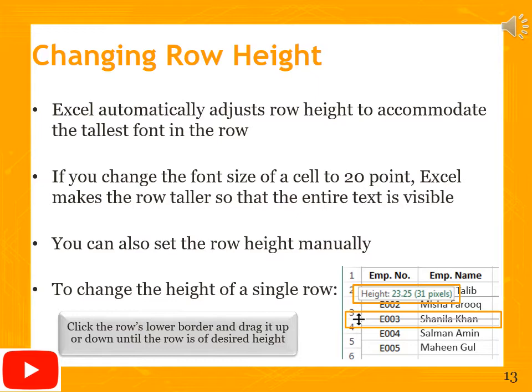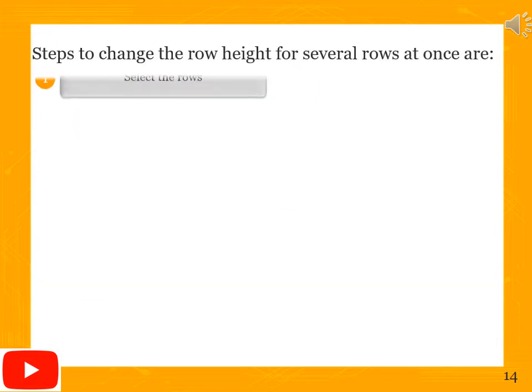To change the height of a single row, you have to click on the row heading and your mouse pointer will change into a plus sign with 2 arrows, up and down. You can change its height according to your text.